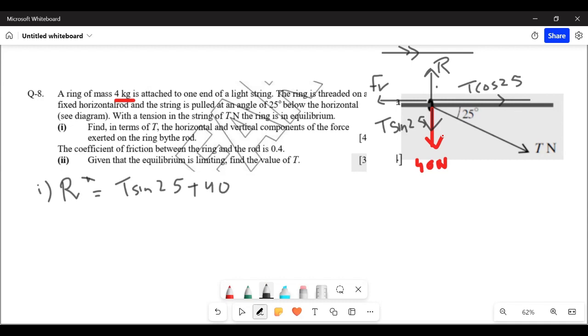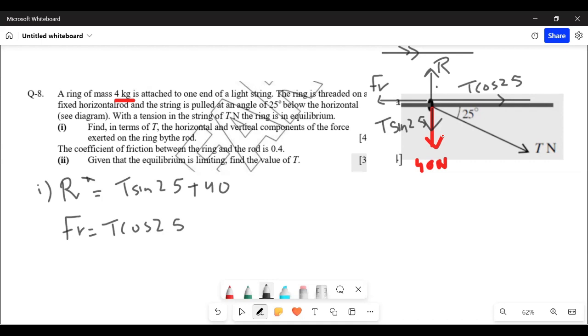And friction is equal to T cos 25. So that is going to be the answer for part 1. Let me check. T cos 25 and T sine 25 plus 40. Okay.